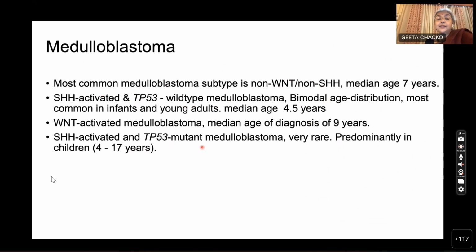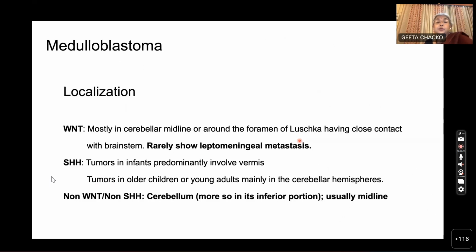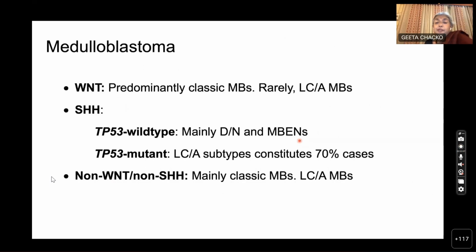And the SHH with P53 mutant is very rare. So I already went into the location. I'll just say that these Wnt are predominantly classic, rarely can be a large cell type.